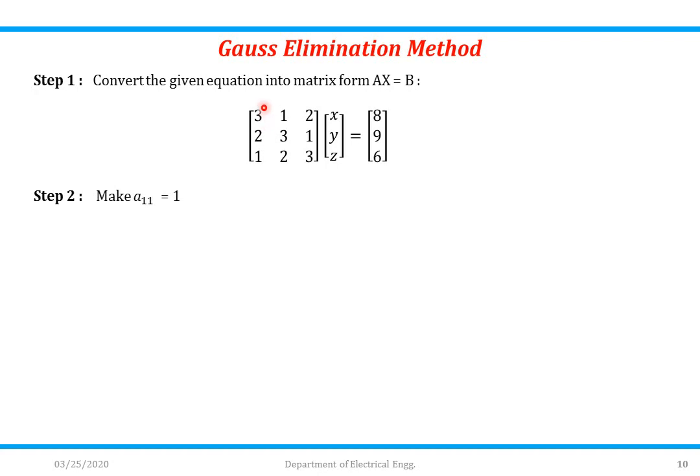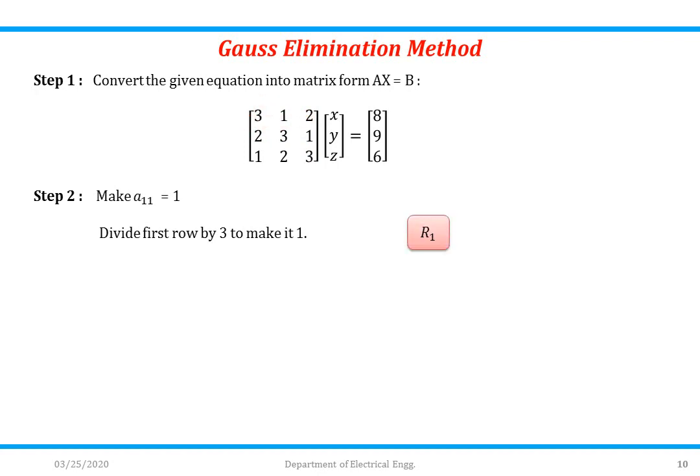But if there is a value other than 1, then we have to make this element 1. If you observe here, the value is 3, which means I have to divide this row. This is the first row, this is the second row, this is the third row, this is the first column, this is the second column, this is the third column. So I want to divide the first row by 3 so that this element will become 1.